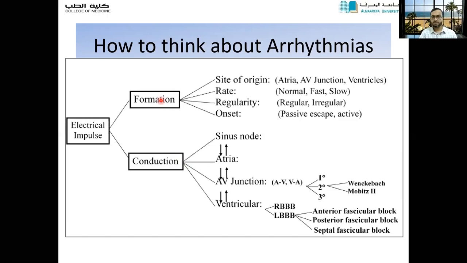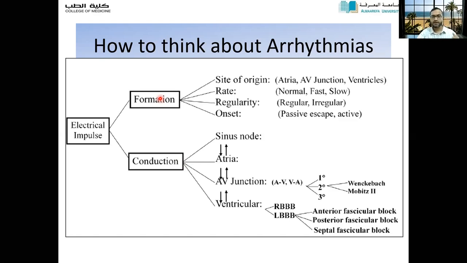But if it does not originate in the SA node, these are non-sinus arrhythmias. Then the question comes, if it's not originating in the SA node, where does it originate?